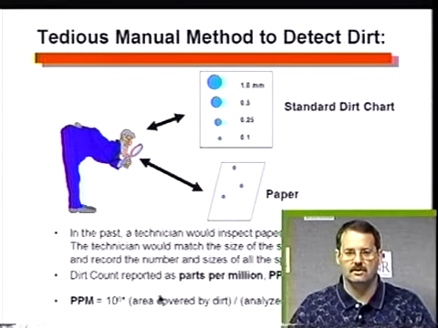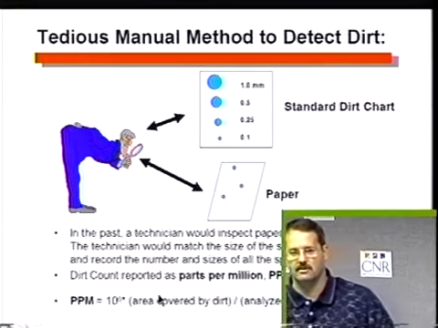Let me just show you on our document machine what a standard dirt chart might look like. Here we have the dots that are carefully printed, and we have the area next to it in millimeters squared. So we've got a 5 millimeter squared dot, and then they go down smaller, smaller, and smaller.